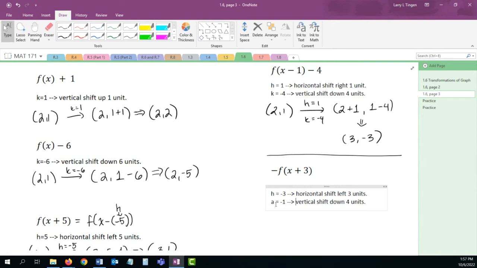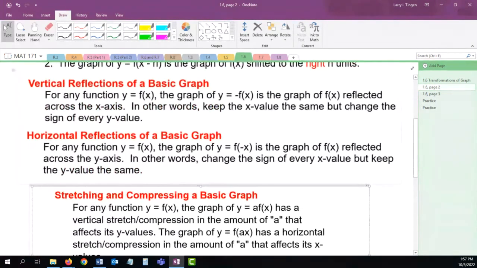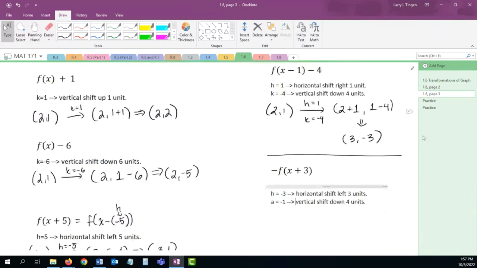I have messed with the outside, so this is going to impact my graph vertically. Remember, messing with the outside has vertical impact, messing with the inside has horizontal impact. So I multiply the outside by a negative. My rules tell me that a negative on the outside is a vertical reflection across the x-axis.